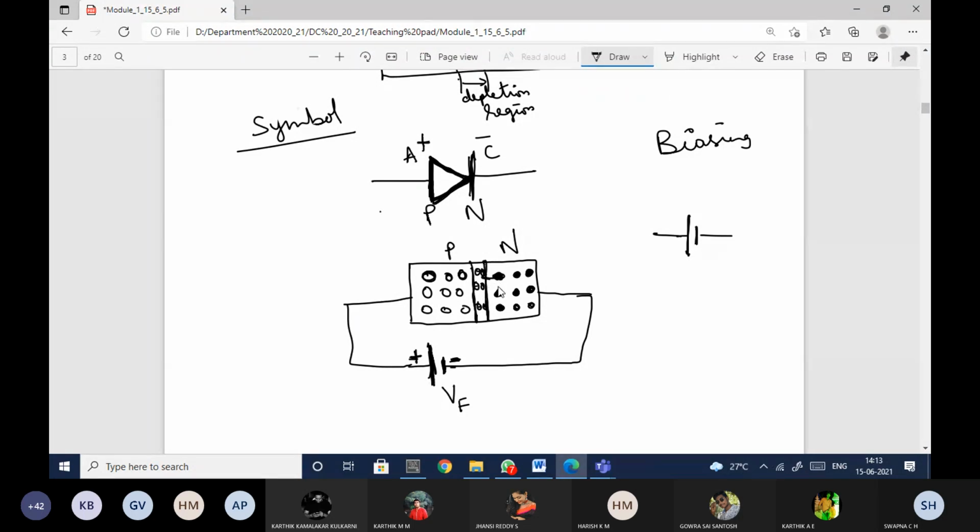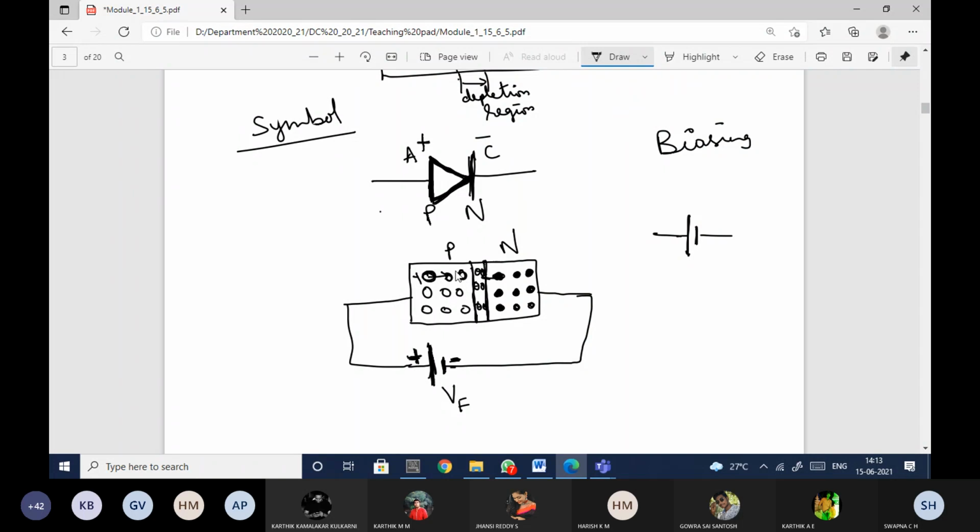Electrons will move in this direction, and towards this side, these holes are positively charged and here I have a positive terminal. Even these holes will tend to be repelled by this positive terminal, so holes will be moving in this direction.